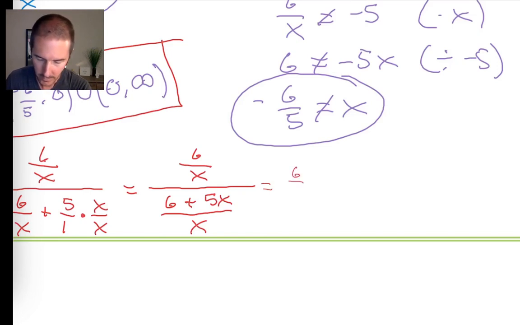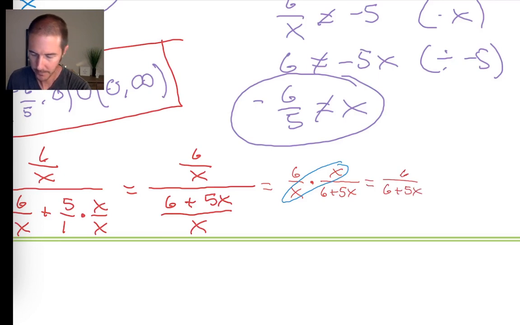We're going to take the 6 over x, and instead of dividing it by that fraction, I'm going to multiply by the reciprocal of that fraction, x over 6 plus 5x. We can cross cancel, if that's how you call it. Those x's do cancel, and we're left with 6 over 6 plus 5x.